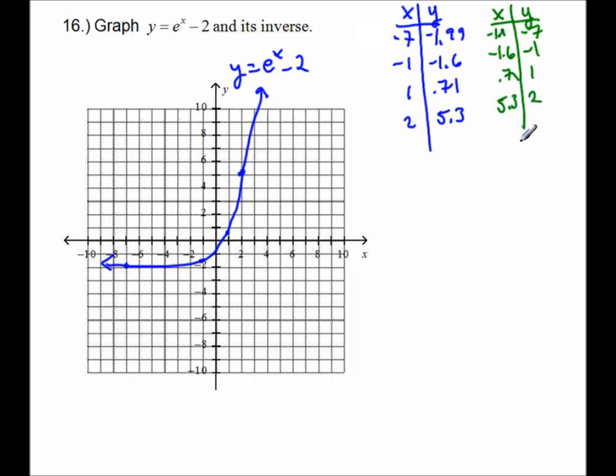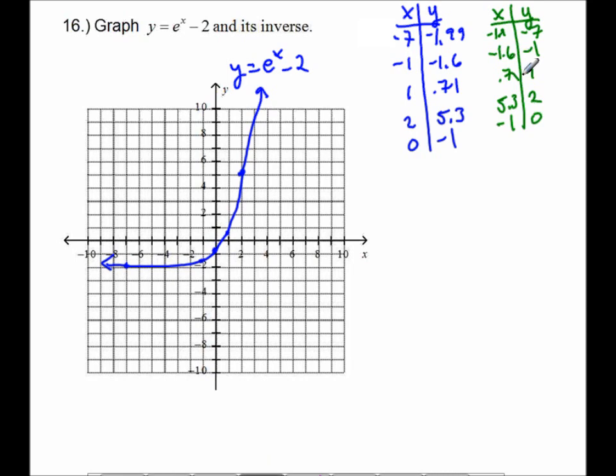And let's not forget 0. You're going to have -1 and 0, and then on the other graph you're going to have 0, -1, and that's this graph right here.